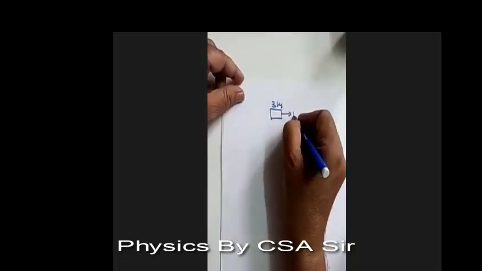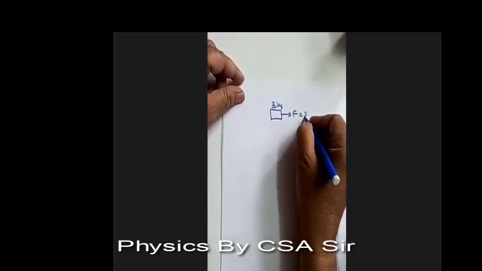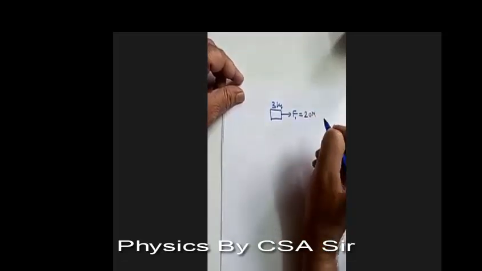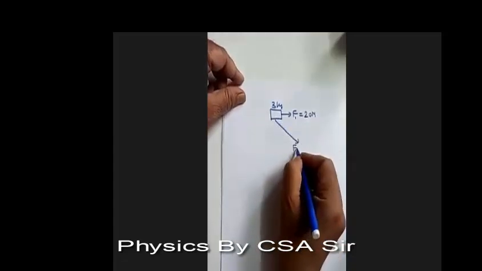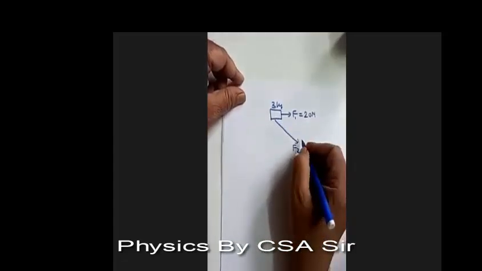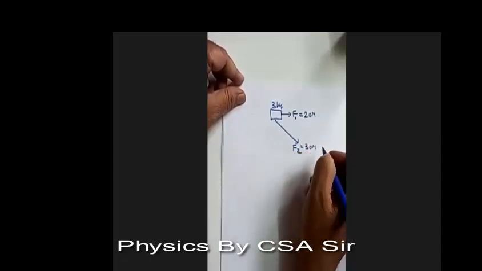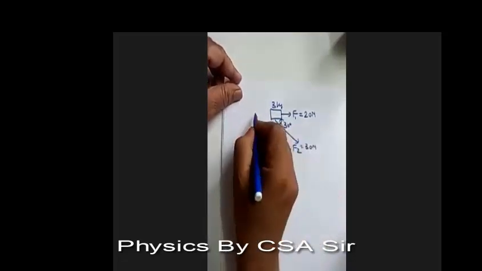See, this is a force which is acting, and this force is equal to 20 Newton, the constant force F1. So another force F2. Say this is equal to 30 Newton, and the angle it makes with horizontal is 30 degrees. So this is another force.